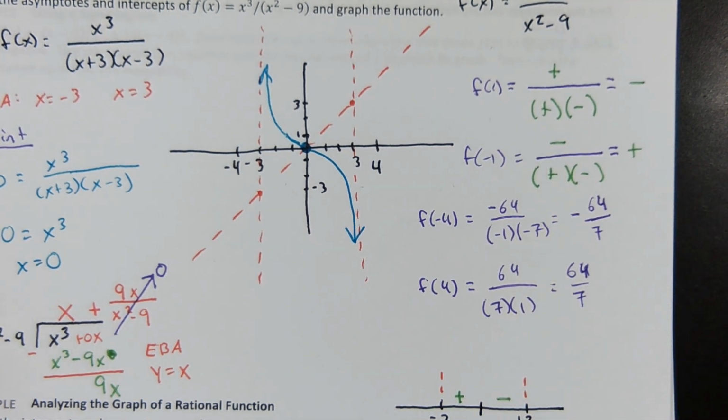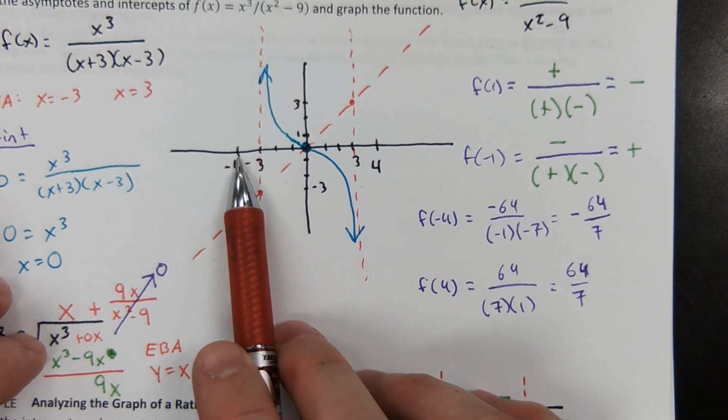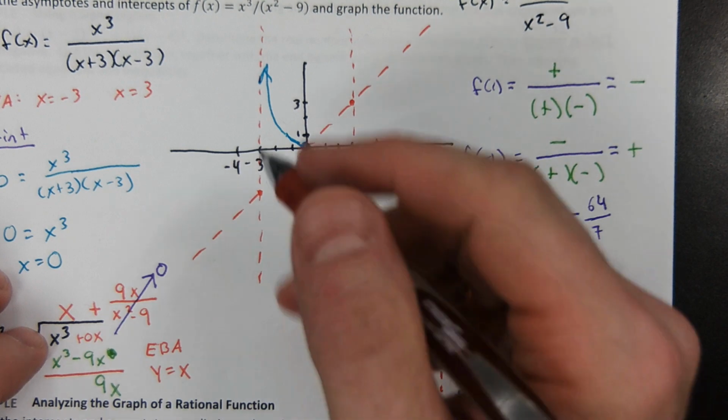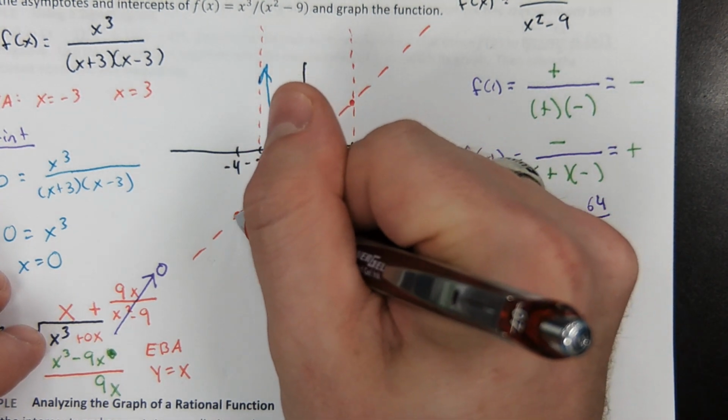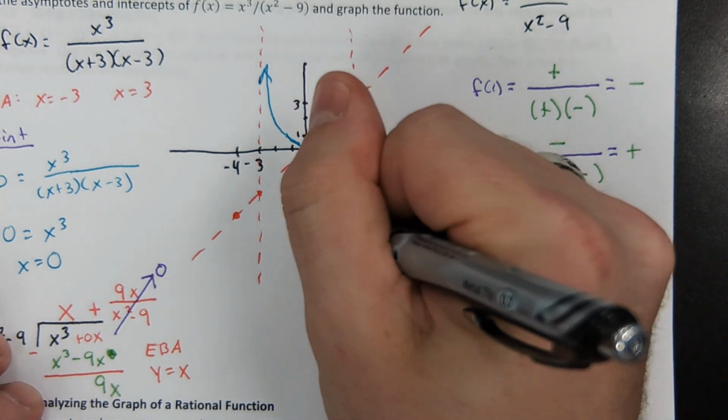Now, I don't know what 64 divided by 7 is. Here's what I need to know. Right here at this x value of negative 4, what is this y value? Negative 4 as well.